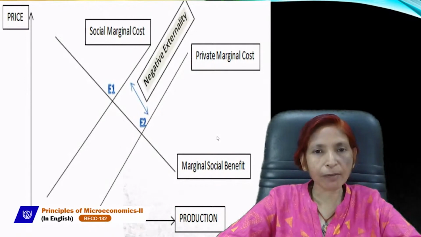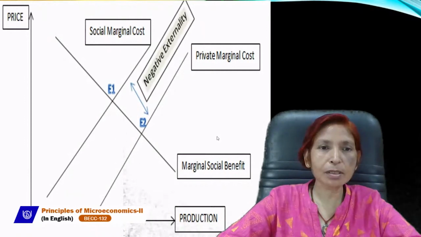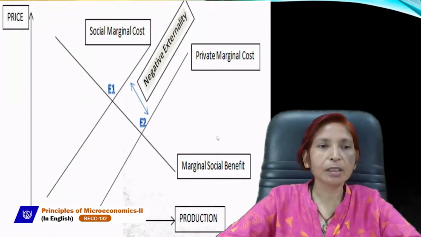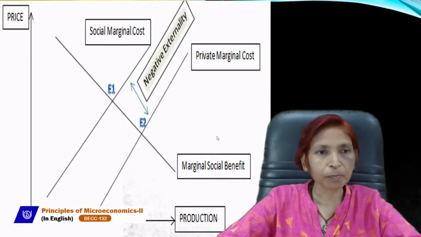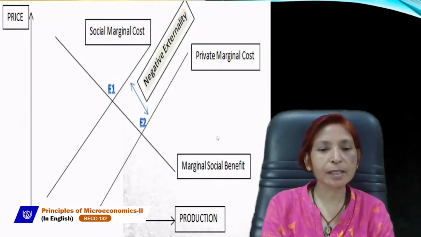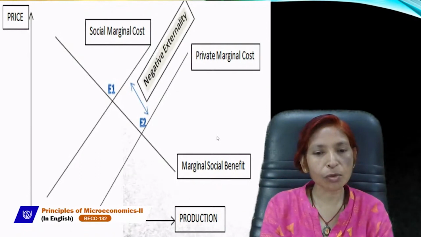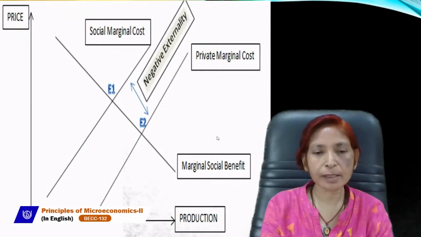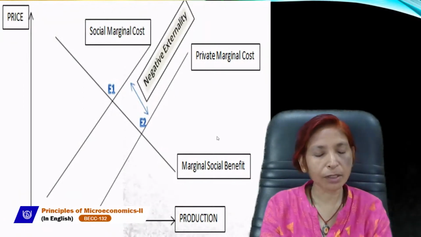So private marginal cost is an upward sloping curve, social marginal cost is also an upward sloping curve, and the marginal social benefit curve is a downward sloping curve, where these curves intersect each other. The equilibrium point is determined where the social marginal cost curve intersects the marginal social benefit curve. Equilibrium point E1 is determined, and where the private marginal cost curve intersects the marginal social benefit, the equilibrium point E2 is determined.